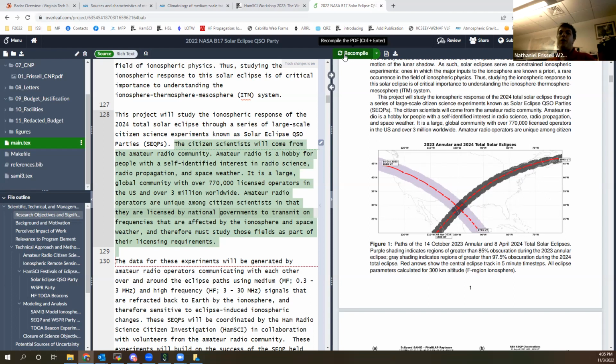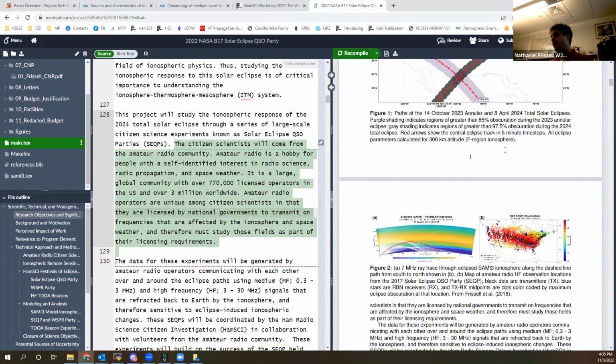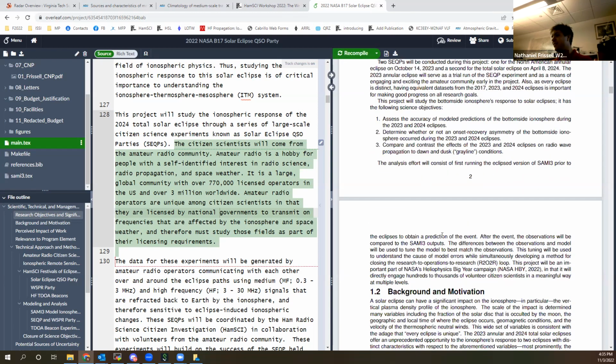What I'm trying to get at is we want to put the science up front and not get bogged down with these little details, so that when the reviewers read this first thing, they're convinced these are the science questions being answered, that they're interesting, and that they can get answered.